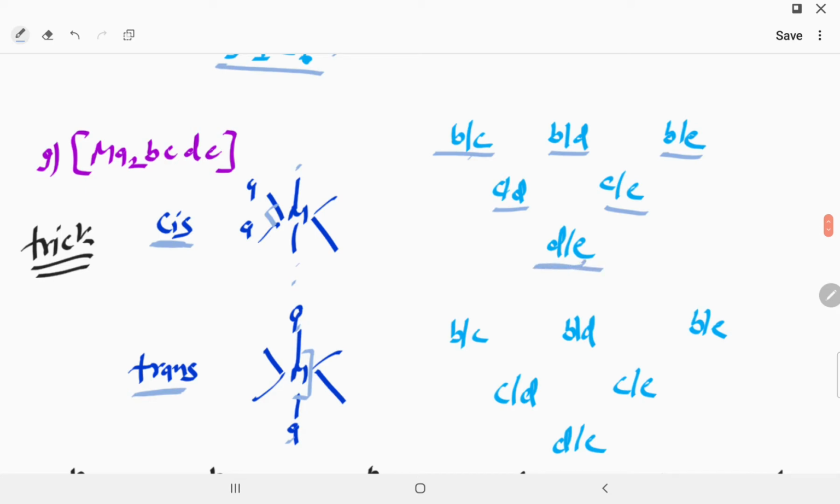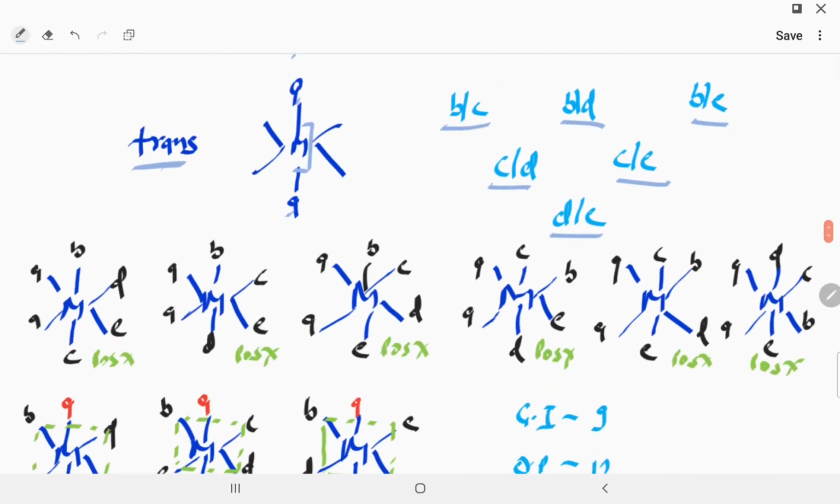Now when we take AA trans, we can take BC trans, BD trans, BE trans, CD trans, CE trans, DE trans. Now we take one by one in all these compounds, so you are very clear with this.